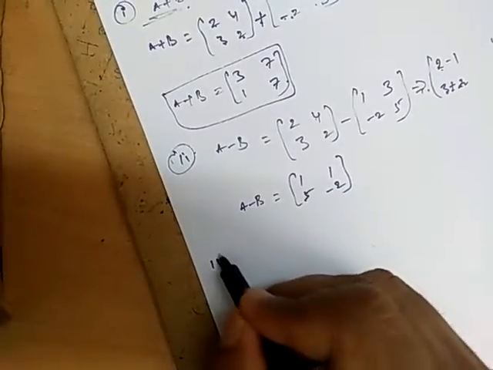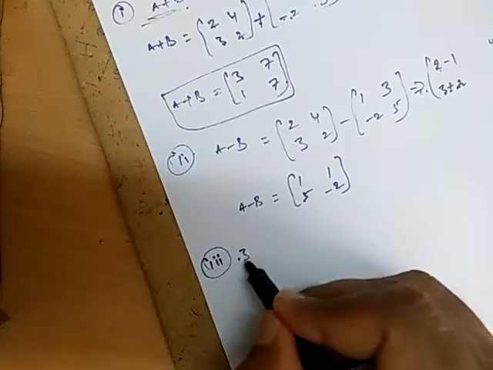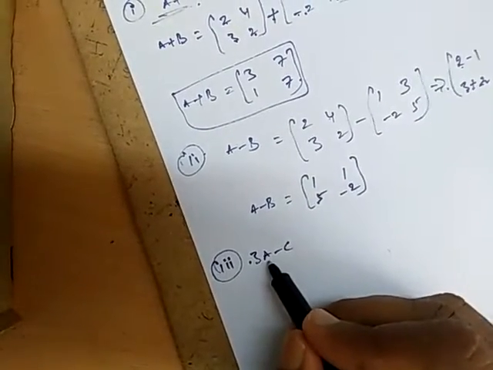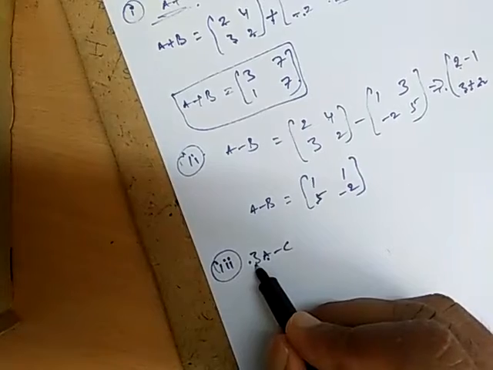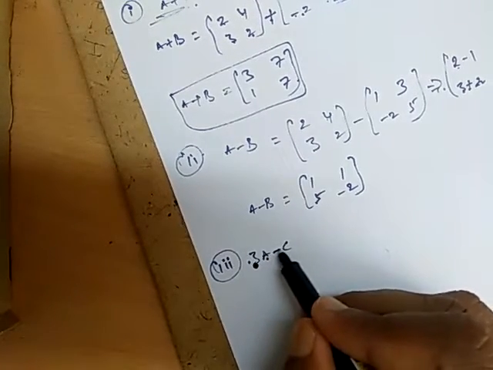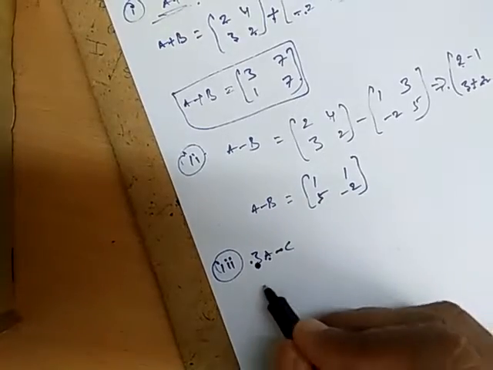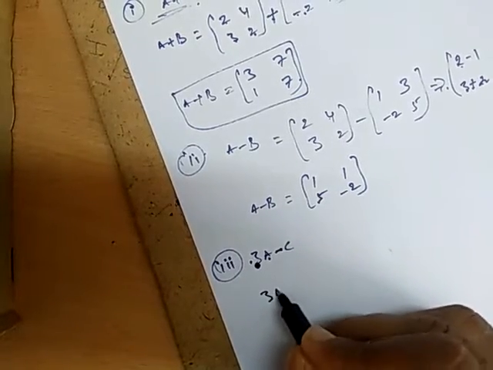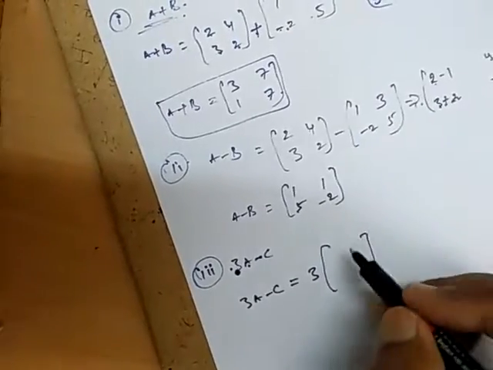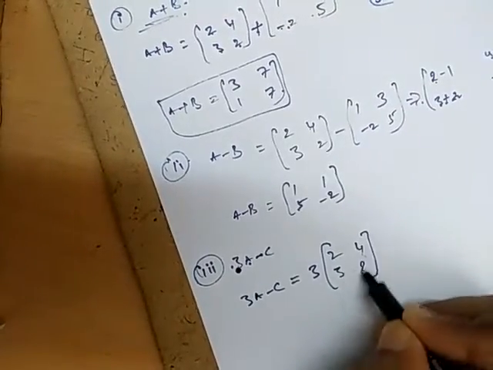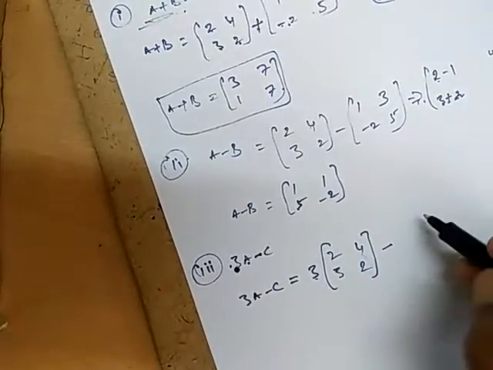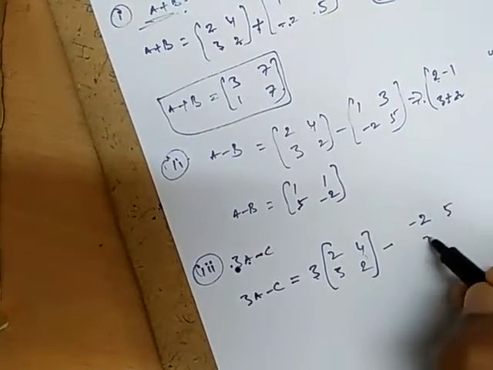Next, third one, 3A minus C. That means you multiply the A matrix with 3 and subtract from that the C matrix. That equals 3 into matrix A, that is 2 4 3 2, minus matrix C, minus 2 5 3 4.